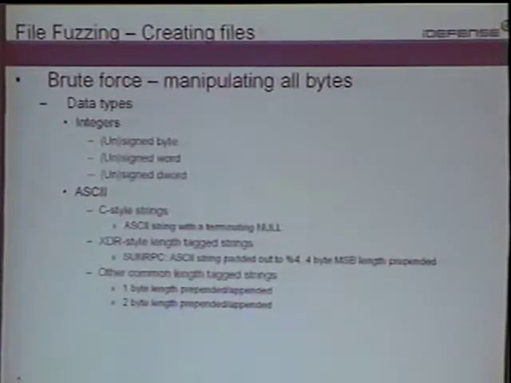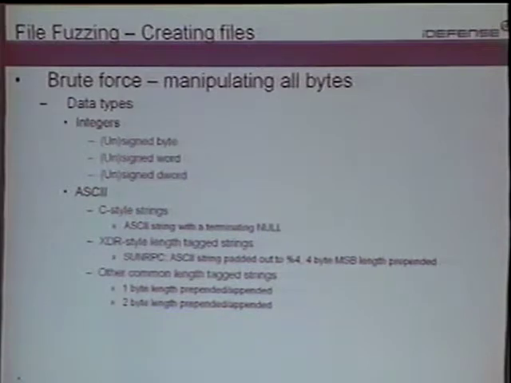All right, so when you're creating files, you look at what types of fields you typically find in a file. Of course, you have integers in many forms, signed and unsigned bytes, words, dwords. And then when you're looking at ASCII, aside from just plain text ASCII, when you're looking at ASCII within a binary file, you'll find C-style strings, just null-terminated ASCII strings.